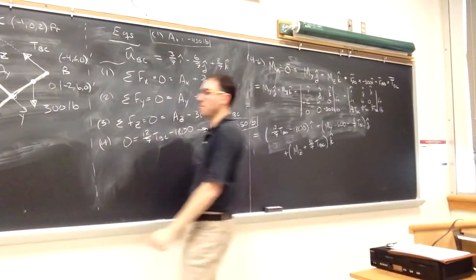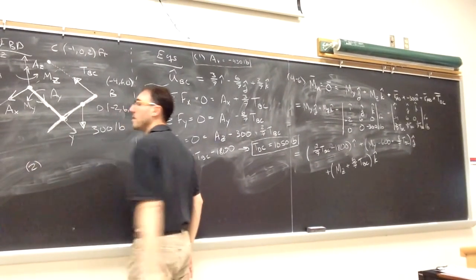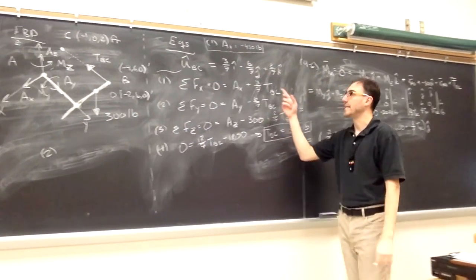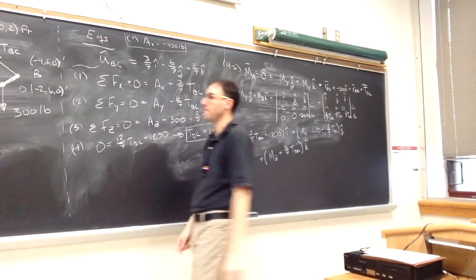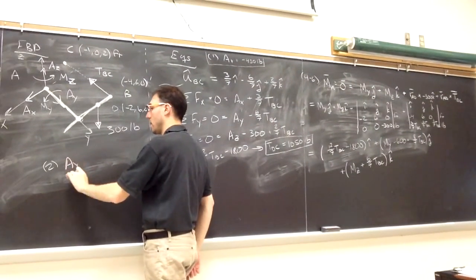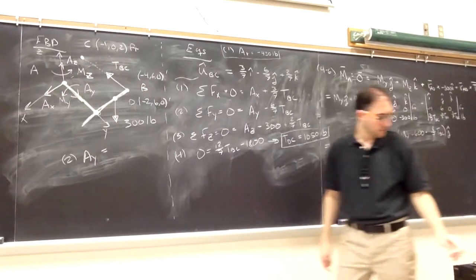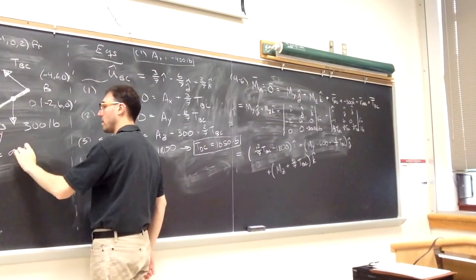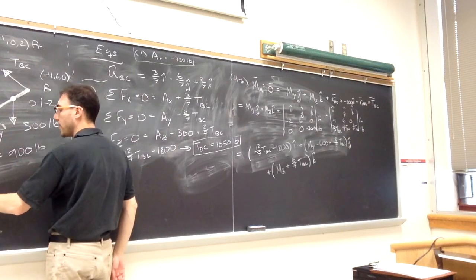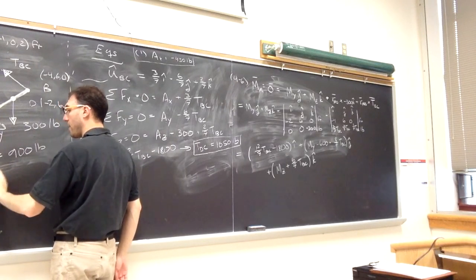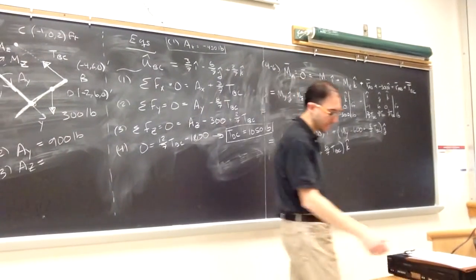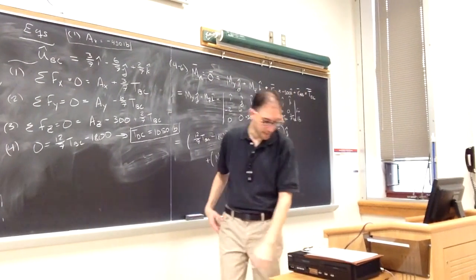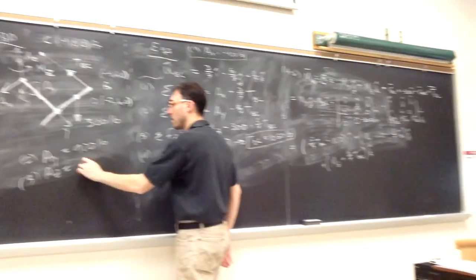If I put in my value for TBC now into equation 2, I'll get my value for AY. AY will be a positive 900 pounds. And likewise, in equation 3, putting in my value for TBC, I can find AZ. AZ will turn out to be 0 pounds.